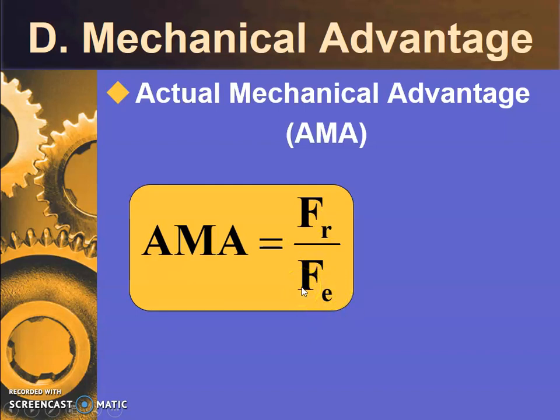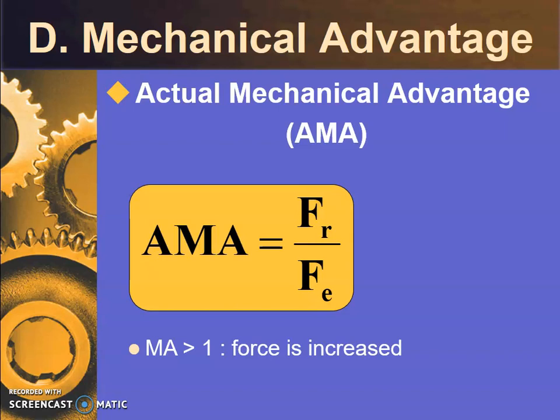Okay? So just like before, the mechanical advantage does not have a unit, because you're dividing force by force, so it cancels out. But like it always has, force is still going to be measured in newtons, so you're still going to have newtons there.